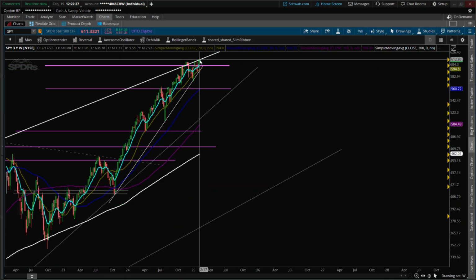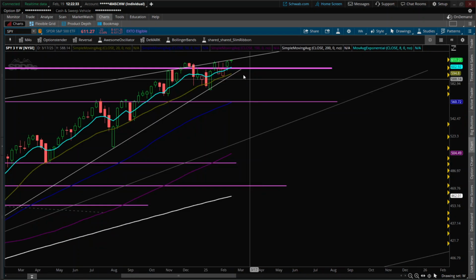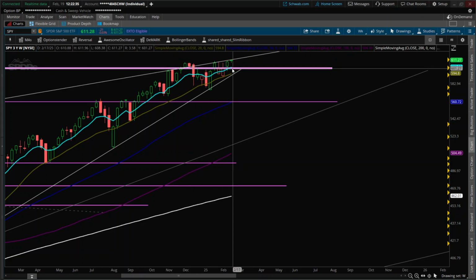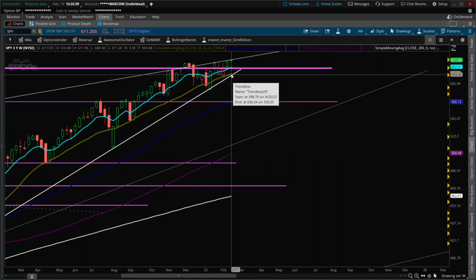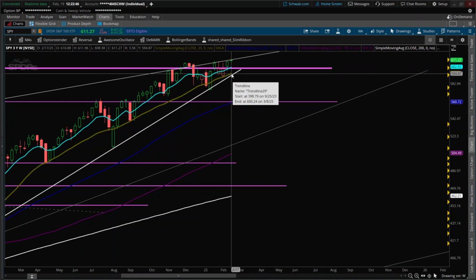On the weekly time frame, we're jamming right against that trend line. Just a closer look at it. The most important thing is this range here. If we break back down from this 8 EMA, we're going to test that 20 moving average, and that's going to be our big test. It's going to be a very important indicator to watch for.